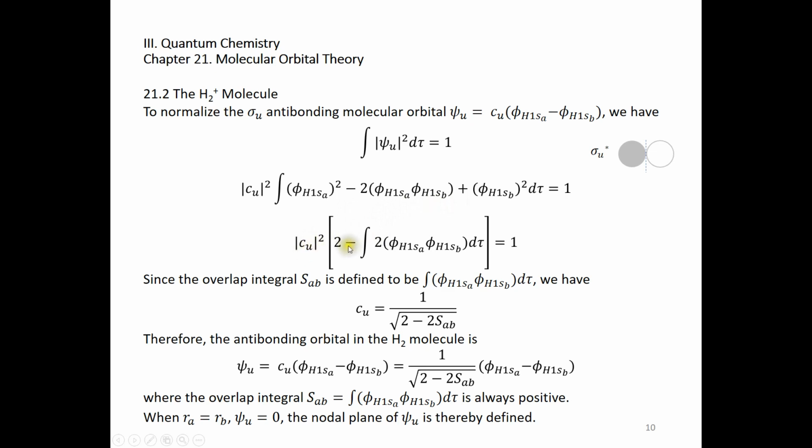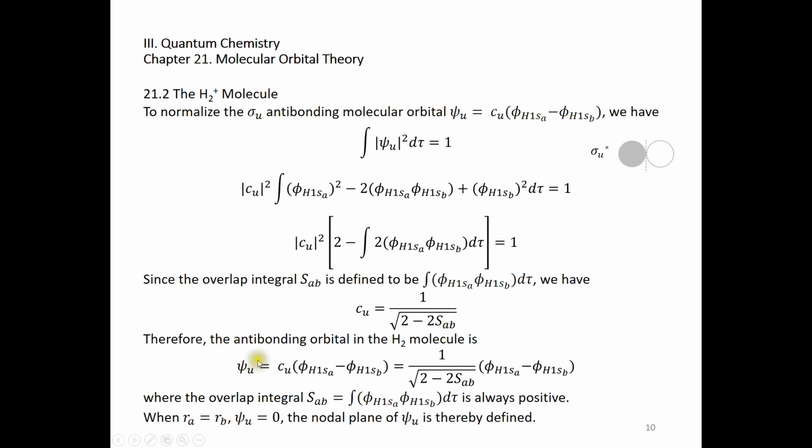Therefore, Cu squared times 2 minus 2 times the integral of 1sa times 1sb is equal to 1. And we defined S sub AB as the integral of the 1sa orbital times the 1sb orbital. And therefore, Cu squared times 2 minus 2 times the overlap integral S sub AB is just 1. Therefore, the coefficient in front of this linear combination in the antibonding orbital is 1 over the square root of 2 minus 2 SAB.